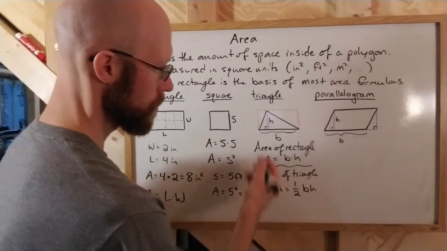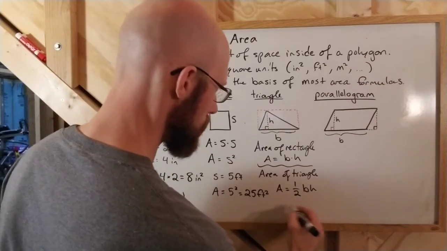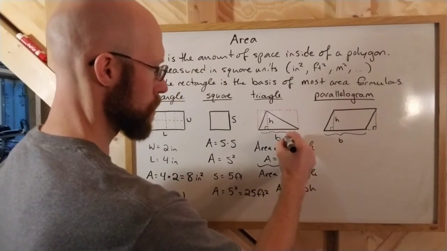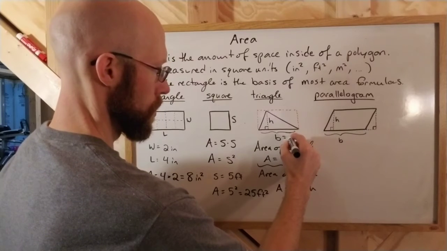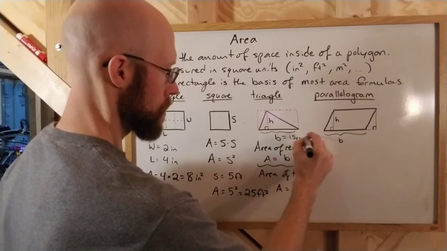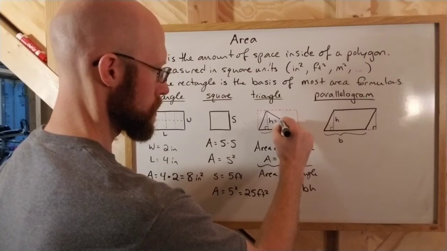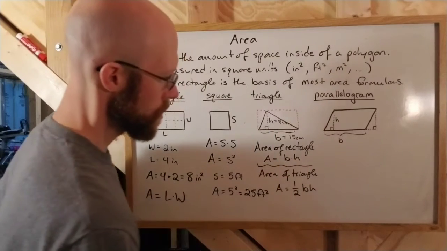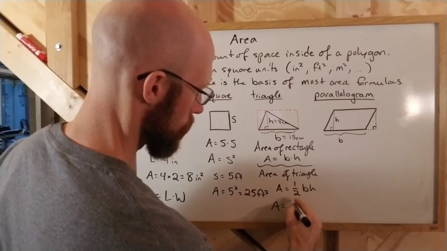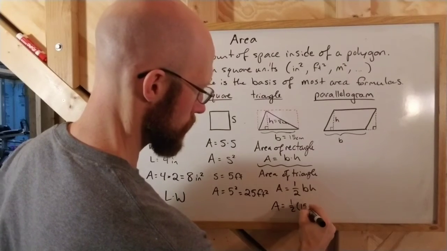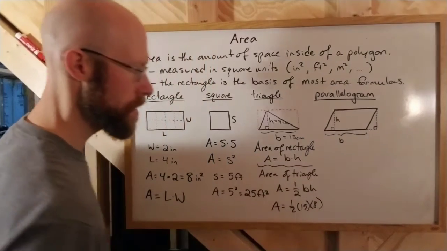And so if I had a triangle and I knew that the base was, let's say, 15 centimeters, and the height was 8 centimeters, then the area is 1/2 times 15 times 8.